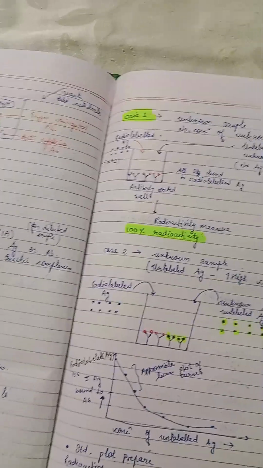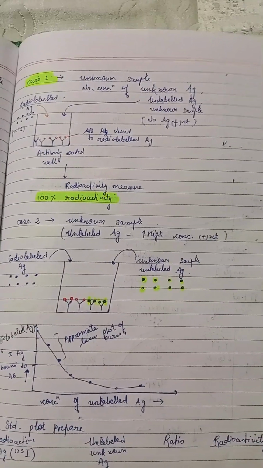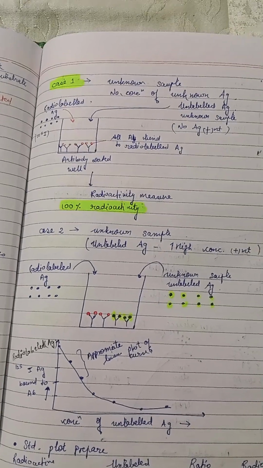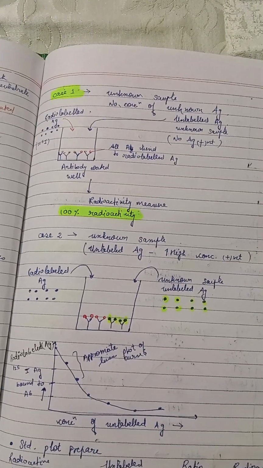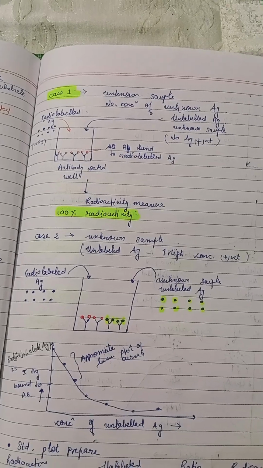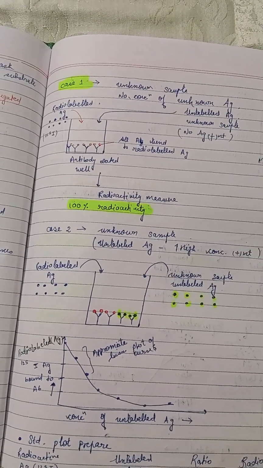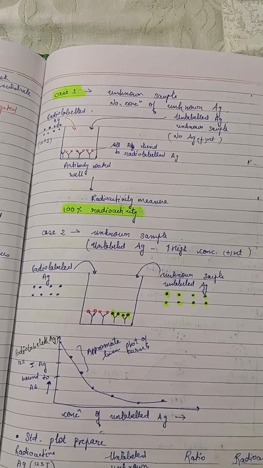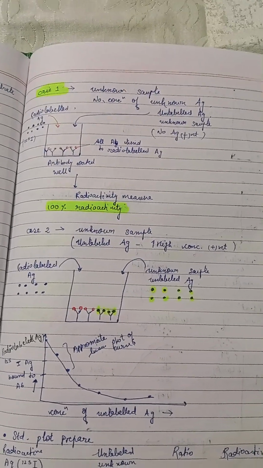In case 1, an unknown sample with no antigen: when your antibody-coated well is there, radiolabeled antigen binds to it, and all antibody binds to radiolabeled antigen. So radioactivity is 100% when no antigen is present.